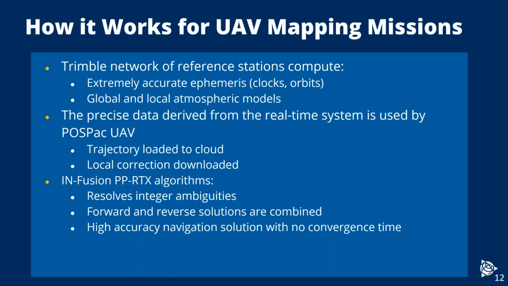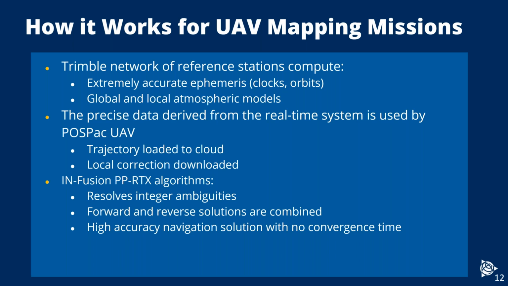How it works. It is based on the CenterPoint RTX technology discussed in the earlier part of this presentation. So we know that the corrections are generated by the observations of those 100-plus base stations across the globe. Flight data is then uploaded to Trimble's RTX servers, and then GNSS corrections are downloaded for the flight.